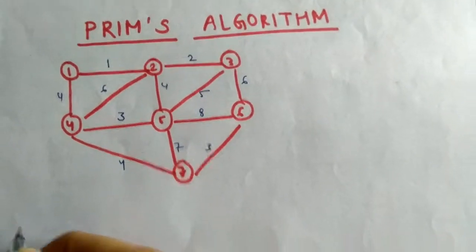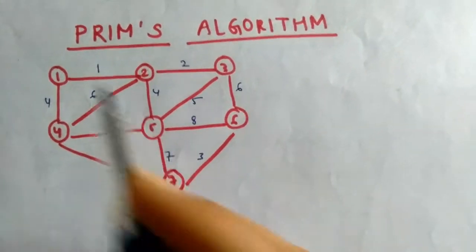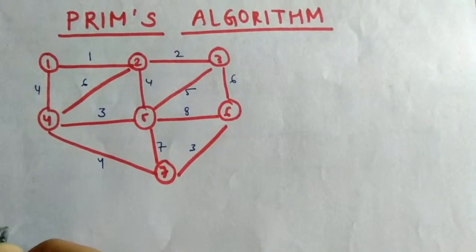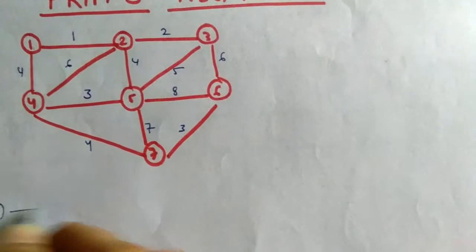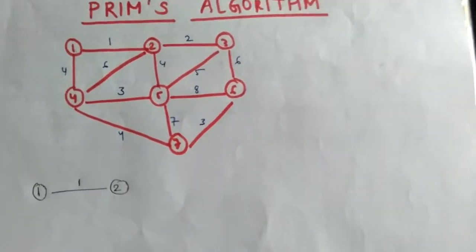At first we will take any vertex, let's say 1. From 1 to 2 we will mark the first edge, that has the weight 1.